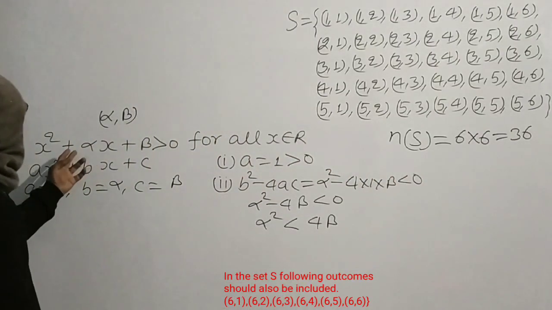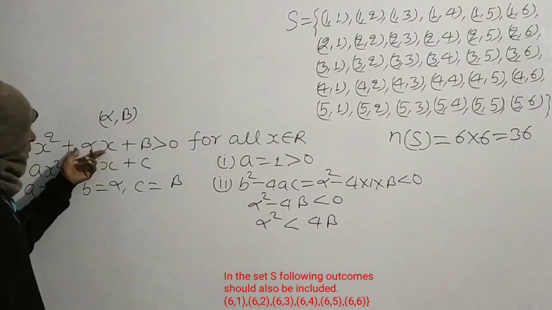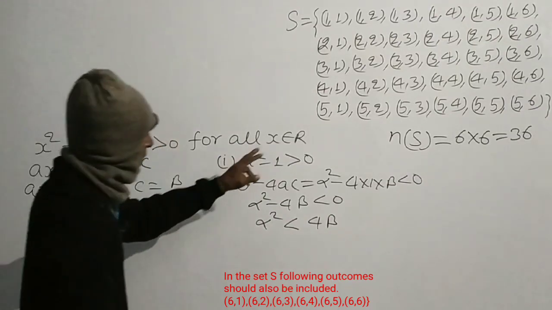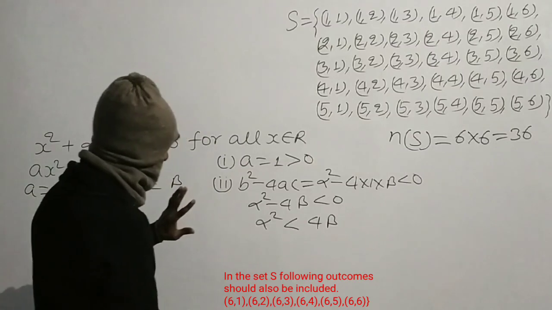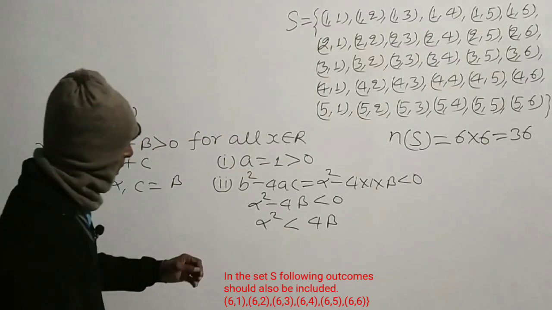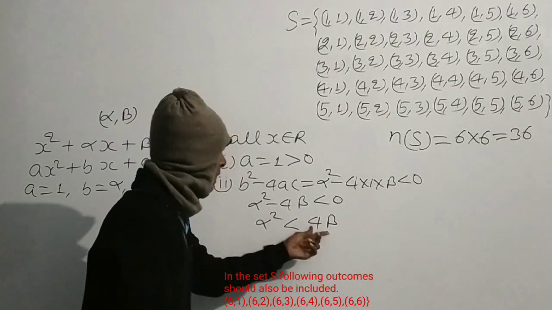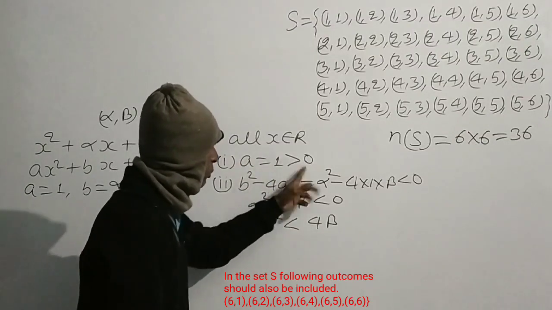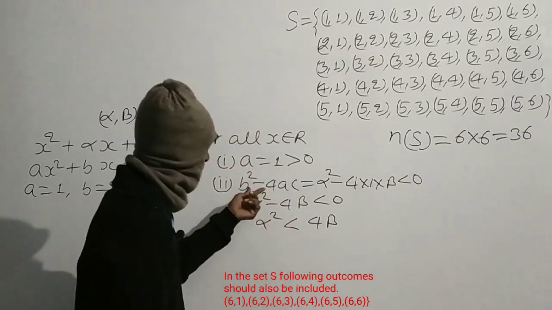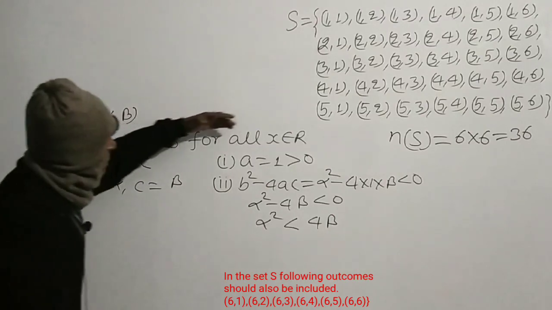Therefore, when these two conditions are satisfied, the value of this expression will always be positive for any real value of x. Therefore, this event will occur whenever alpha square is less than 4 beta, because the first condition is already fulfilled.